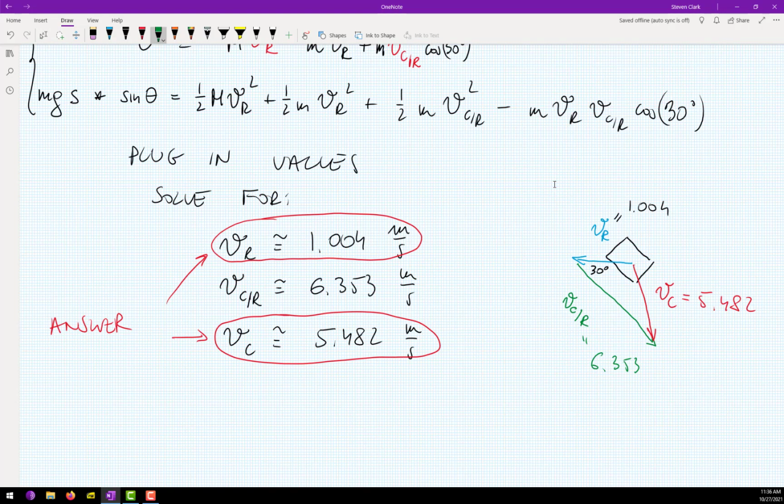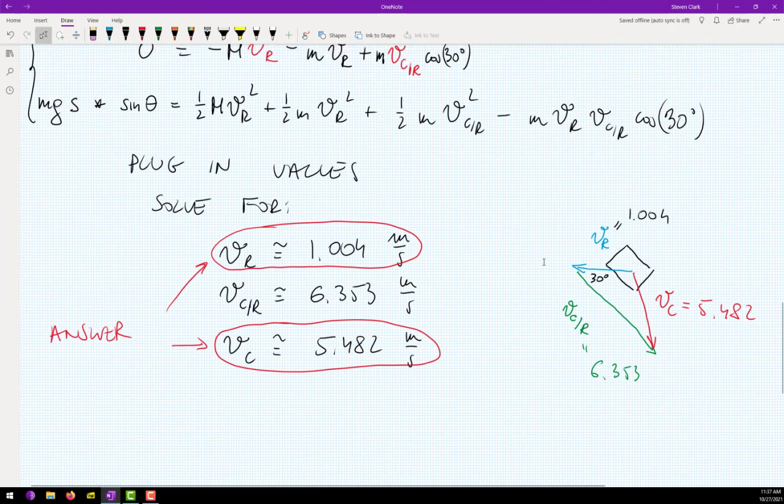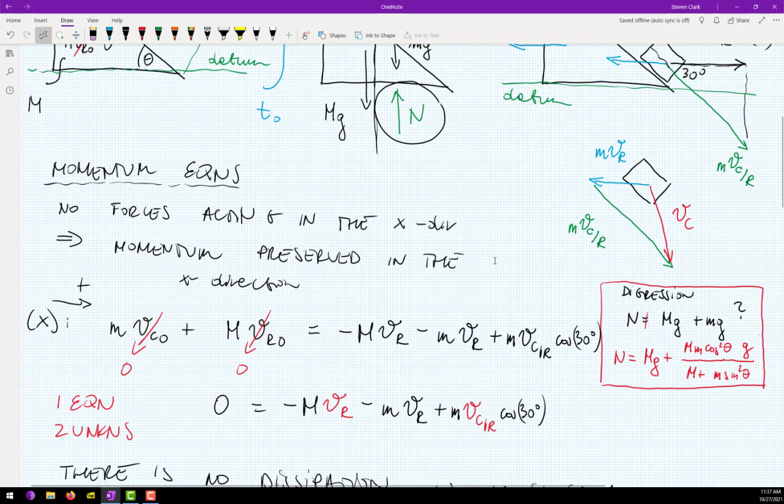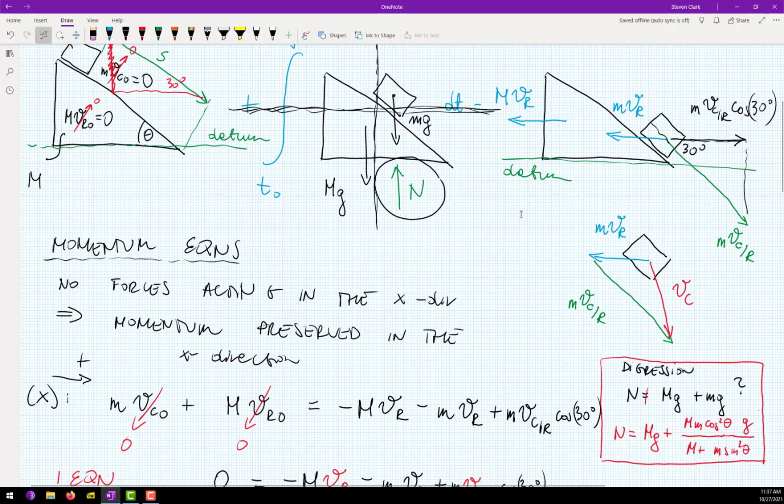I just have one question. So you're saying that N is not equal to mg plus mg, but any movement in the x direction, since it's perpendicular to the y, wouldn't that not affect whatever's going on with the y? No, because mg is accelerating downwards.